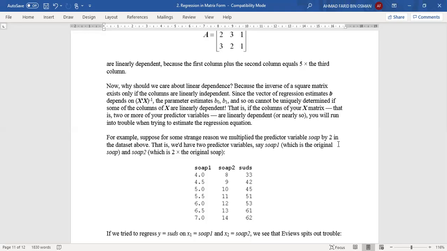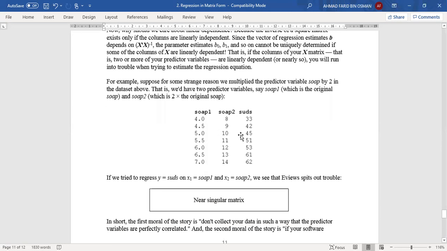For example, suppose for some strange reason we multiply the predictor variable by 2 in the data set above. We would have 2 predictor variables, say x1, which is the original, and x2, which is 2 times the original variable. So you have 2 independent variables.